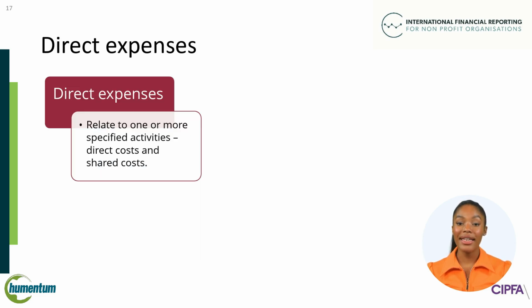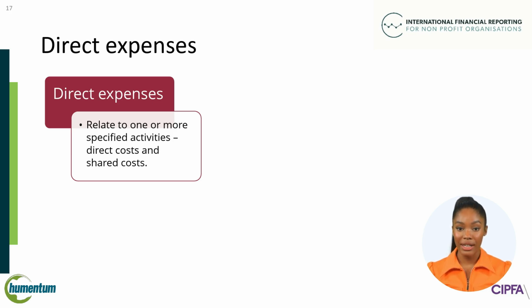The practice guide includes a distinction between direct expenses and support costs. Direct expenses are those that relate directly to one or more specified activities. An example is the staff costs of an employee who works on a single project as part of a specified activity.